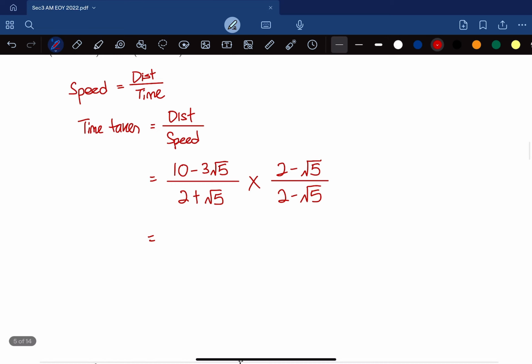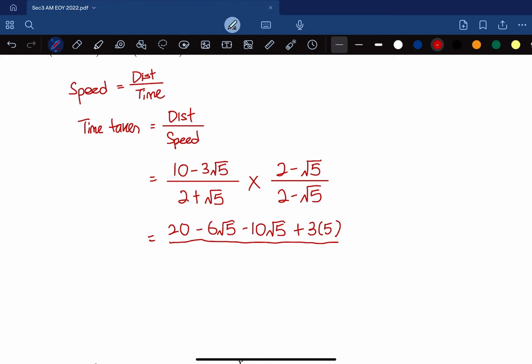My numerator will become 20 minus 6 root 5 minus root 5 times 10 minus 10 root 5 plus 3 times 5. Then my denominator is a plus b times a minus b, so I'll get a squared minus b squared, which is 4 minus 5.